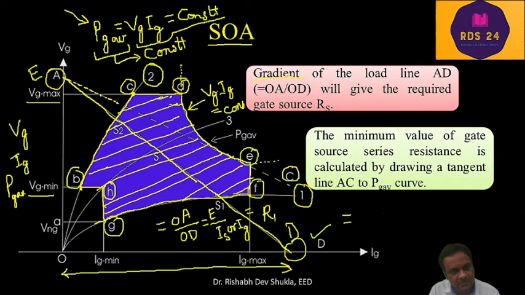This dashed line will be like a tangent on the average power curve. This will give you the minimum required resistance in your gate circuit.